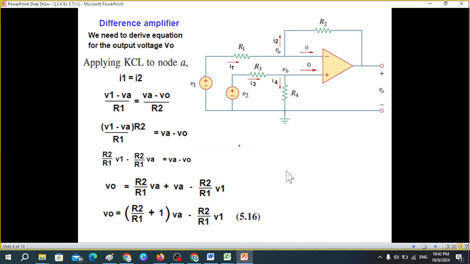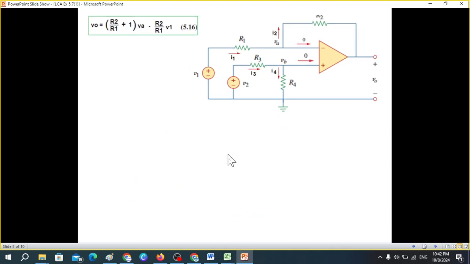Let's see node B. At node B also, the current entering is equal to the current leaving. Writing the voltage equation: (V2 minus VB) divided by R3 equals (VB minus ground, or 0) divided by R4.